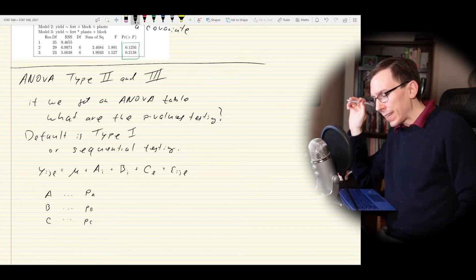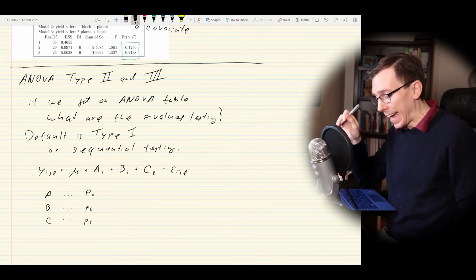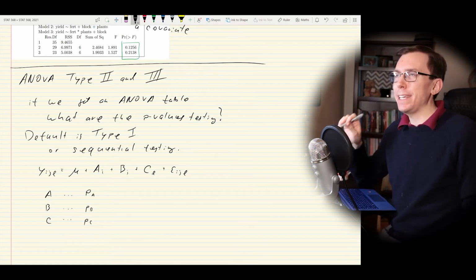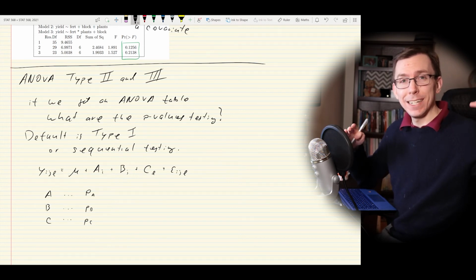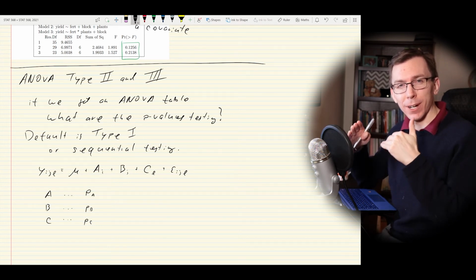Well, by default, what's actually happening is that each of these p-values is comparing two different models, one simpler one nested within a more complex one.